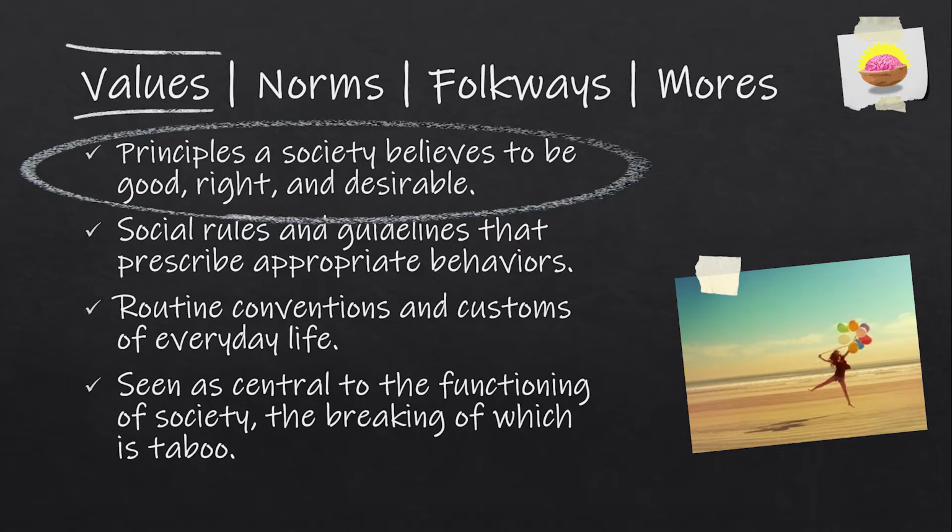Now, values are principles that a society believes to be good, right, and desirable. So, for instance, here in the United States, individual freedom, just autonomy, the ability of somebody to go out and forge his or her own path, that is a value that is very American.